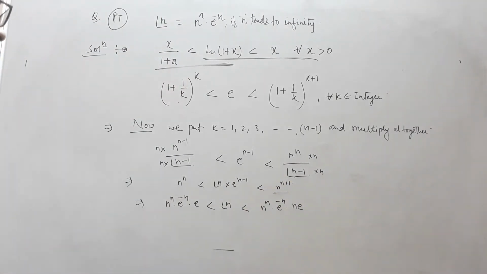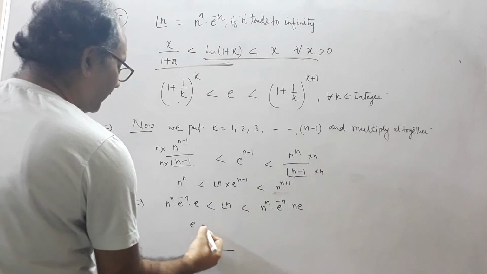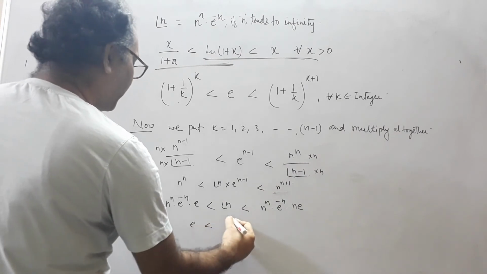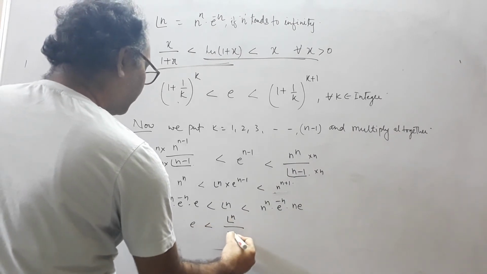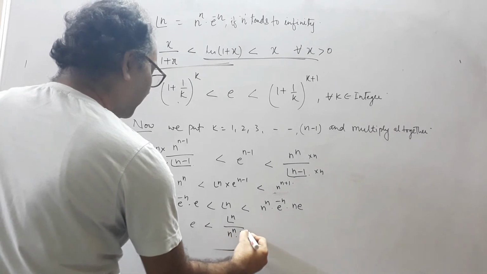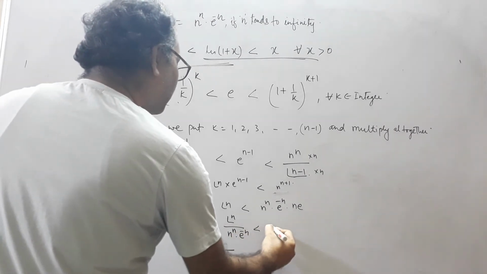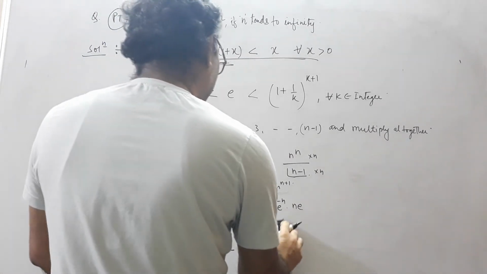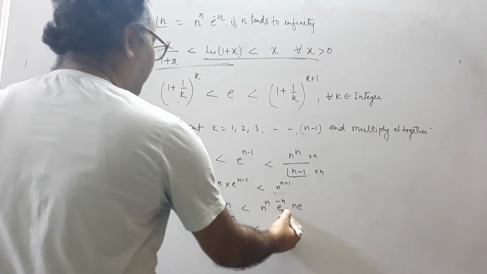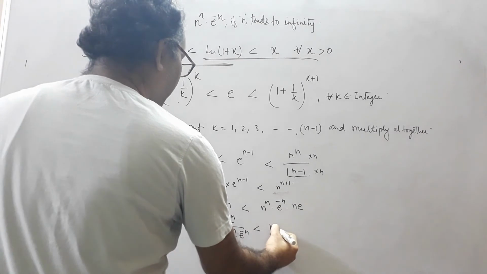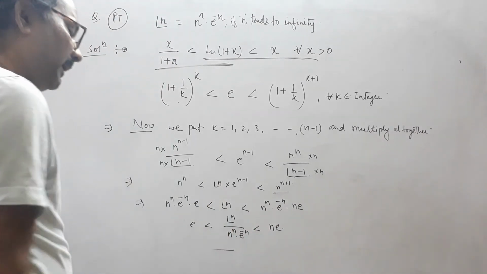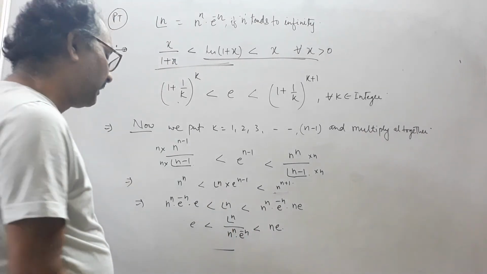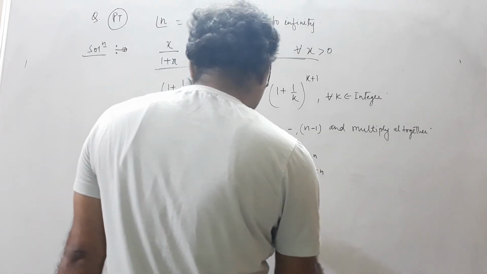So we write factorial n divided by n to the power n, e to the power minus n, and here it is n multiplied by e.